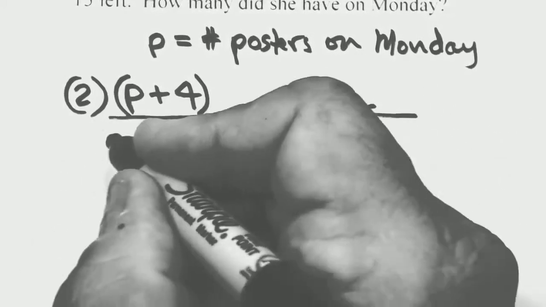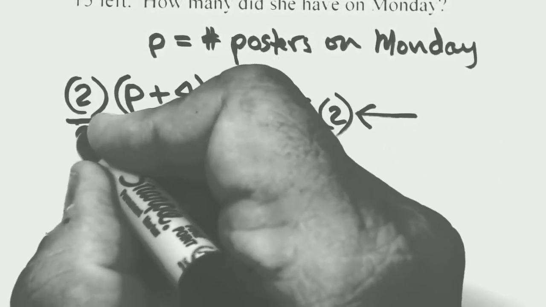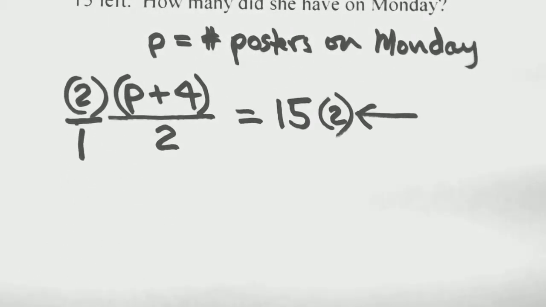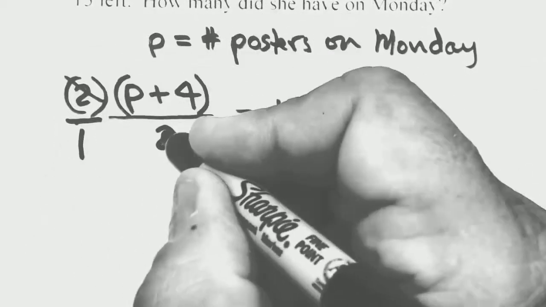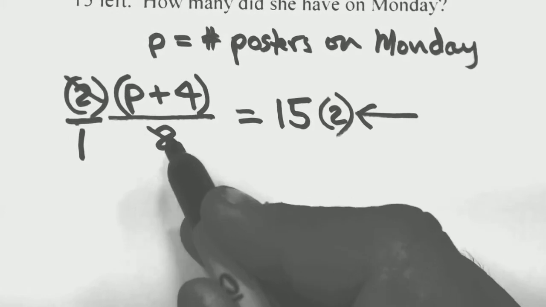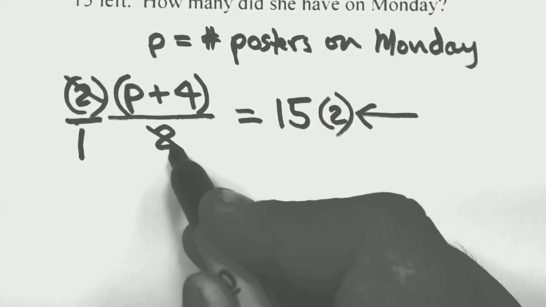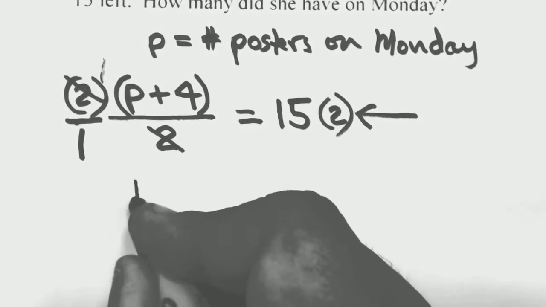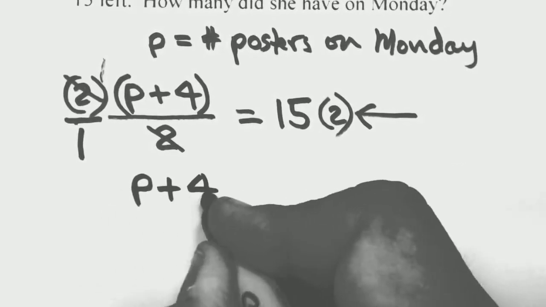Okay, well, I can remind myself that this 2 I'm multiplying by is upstairs, because if I make a fraction out of it, the 1 goes downstairs. So these 2 cancel out. That's, of course, why we multiplied by 2 to neutralize this dividing by 2. So I have left just 1 times P plus 4, or P plus 4.